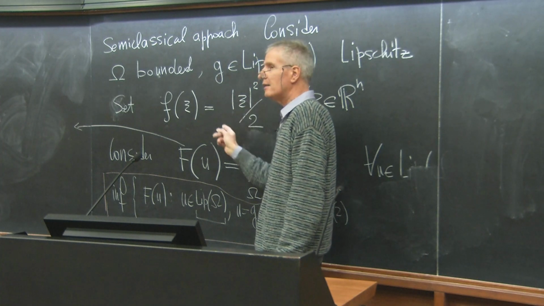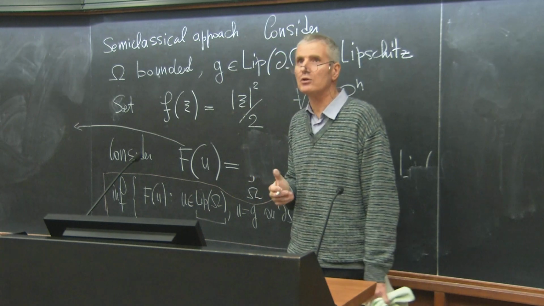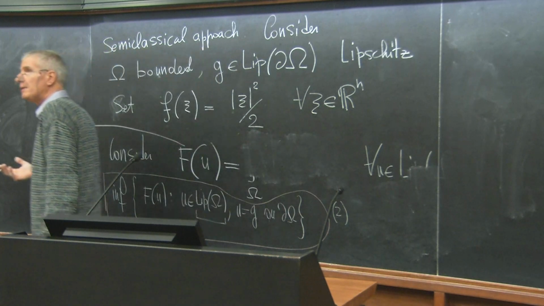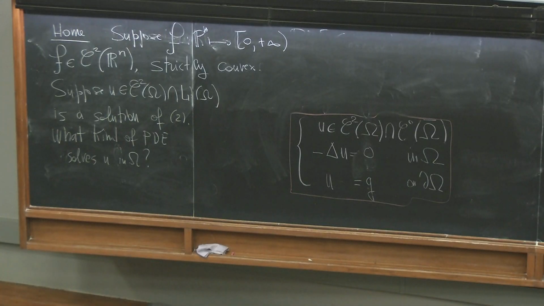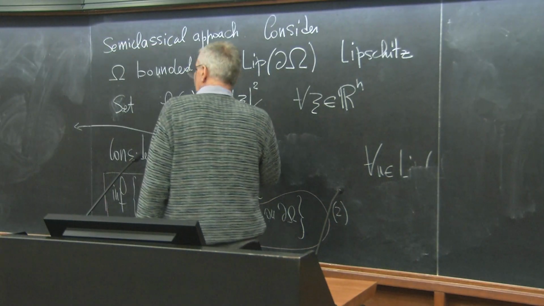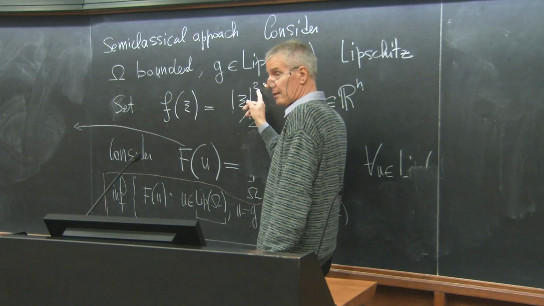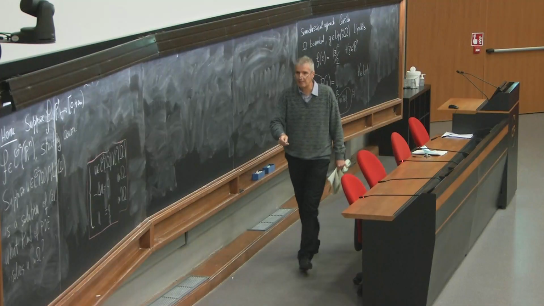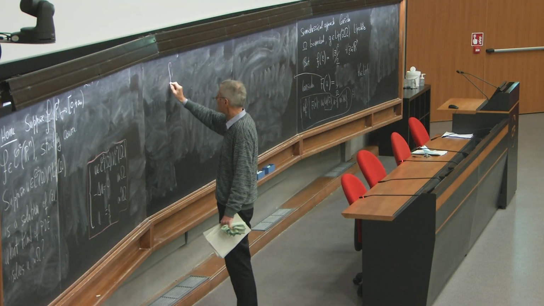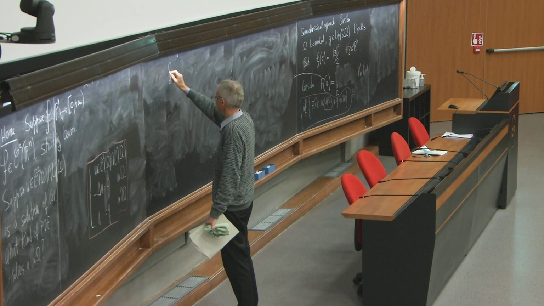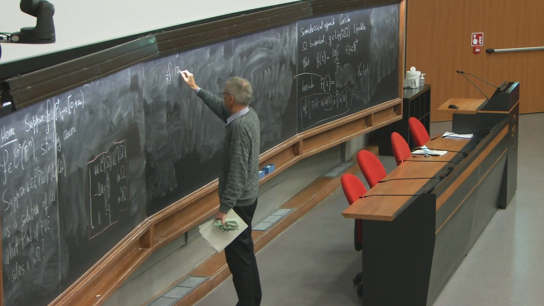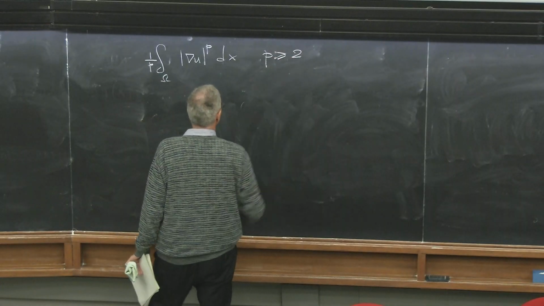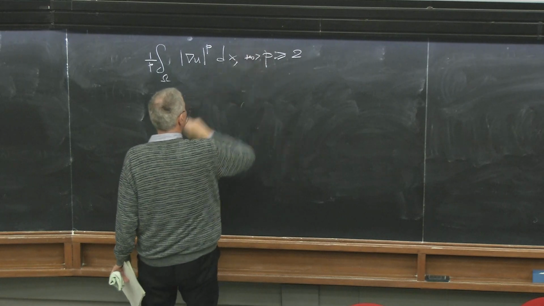But if you take any other convex, strictly convex C2 function, then you get another PDE, another possibly non-linear. So our PDE is linear, by the way, and linearity is exactly due to this, right? But you can imagine something else, maybe giving also linear problems, but you could imagine, say, 1 over p of the gradient to the p, dx, say for p larger or equal than 2, and less than infinity. This is one possibility.